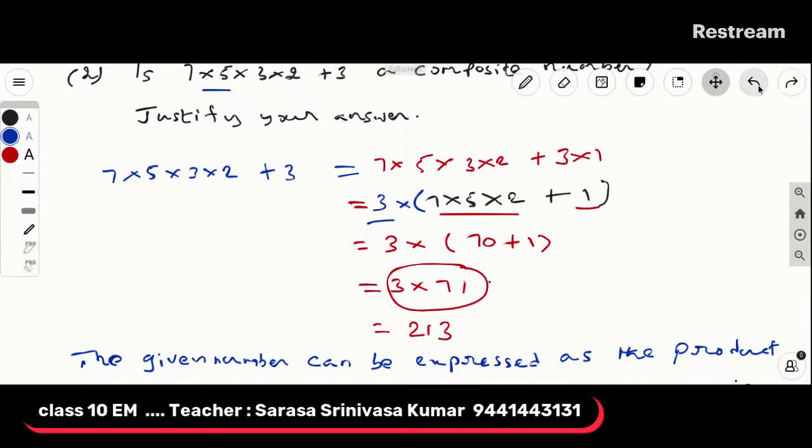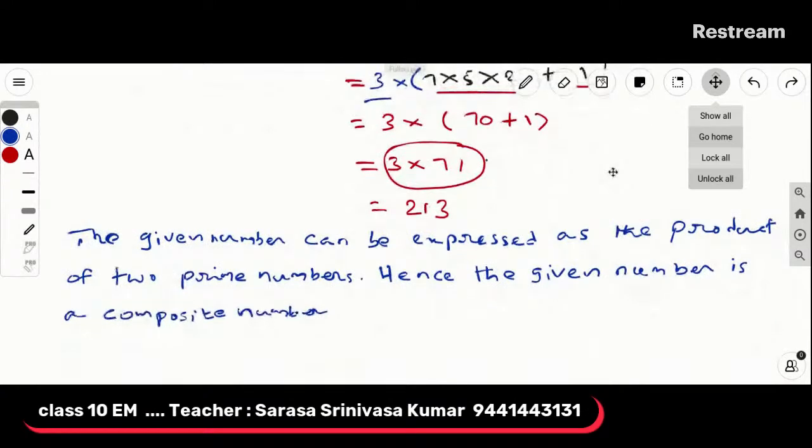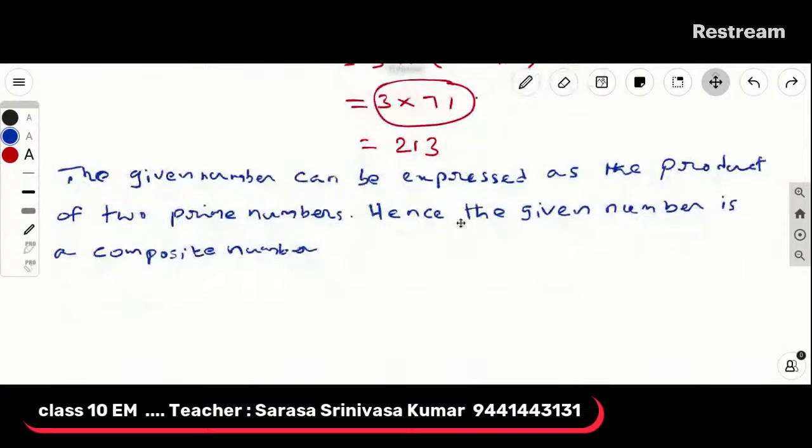Since the given number can be expressed as the product of two prime numbers, it is a composite number. That is, 213 equals 1 into 213 and 3 into 71.